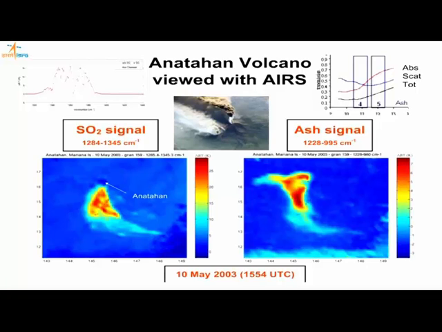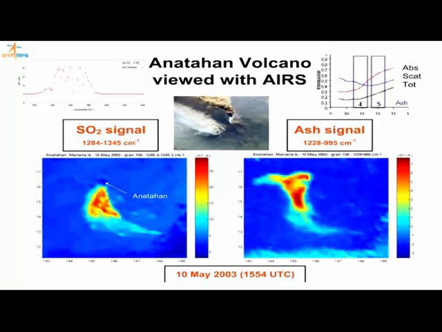If we make a measurement of the difference of these two wave numbers, 1284 centimeter inverse and 1345 centimeter inverse, the difference gives you the amount of sulfate in the atmosphere. Whereas if you make measurement at these two wave numbers, 1228 as well as 995, the difference of brightness temperature in these two wave numbers gives you the signal of ash particles.